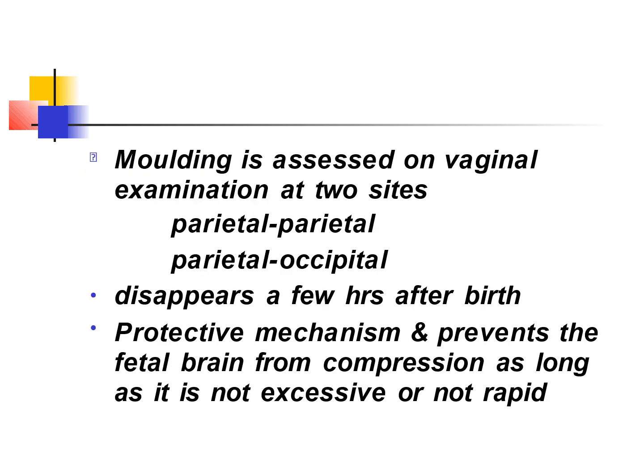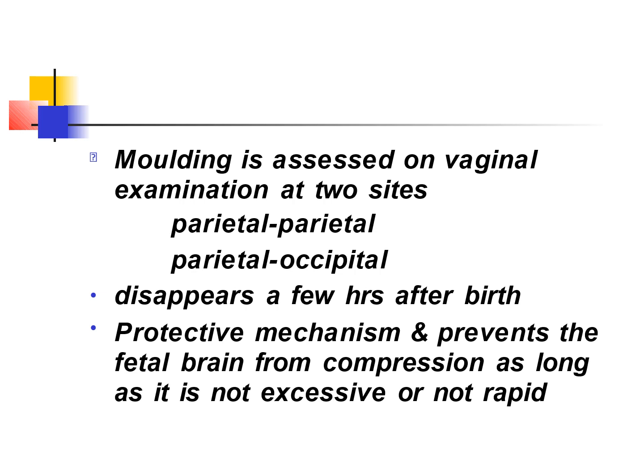And this molding we can assess by palpating the bones of the fetal skull. Even before the delivery we can palpate it, and by assessing the molding and site of the molding, we can assess even the position of the baby. Usually this molding will disappear, if it is normal and within limit, a few hours after the birth.